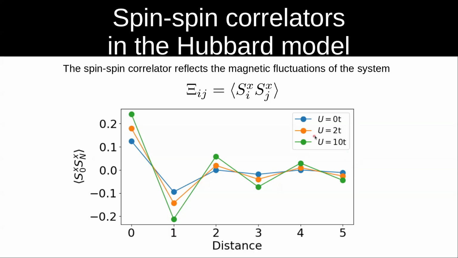If you start increasing U, what you observe is that the spin fluctuations increase. They keep oscillating, but the value of the non-local correlator becomes bigger. So what this tells you is that interactions actually enhance spin fluctuations here.